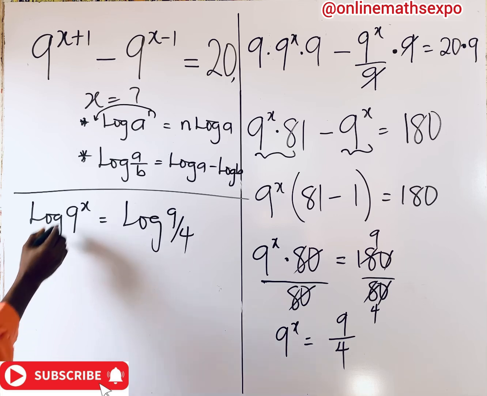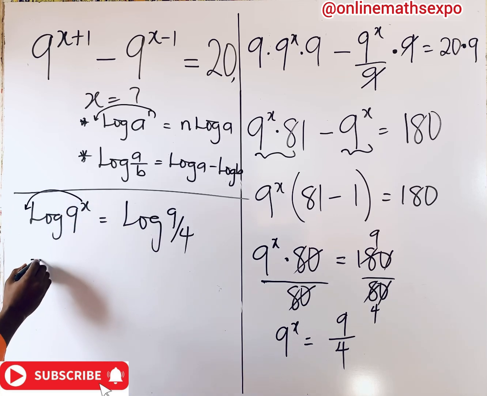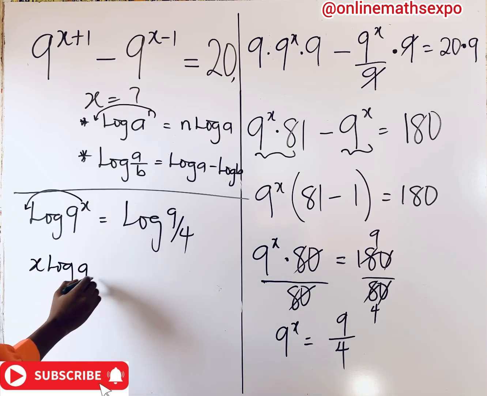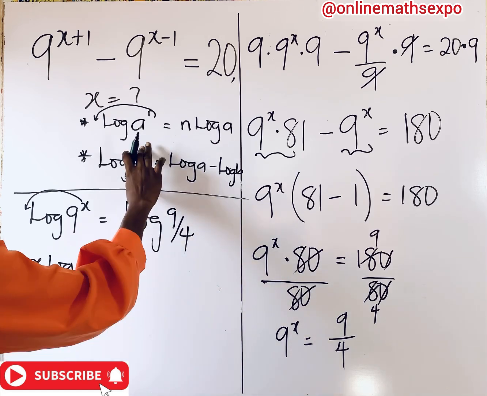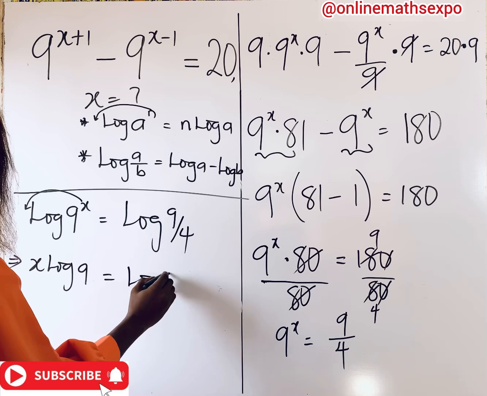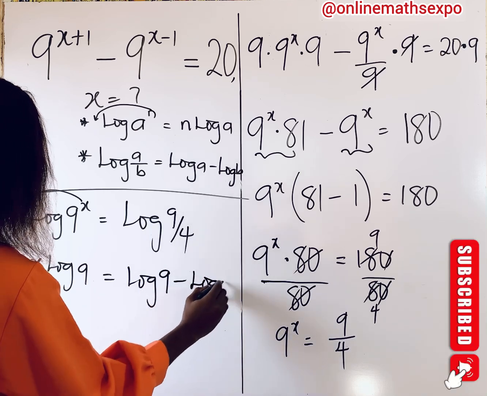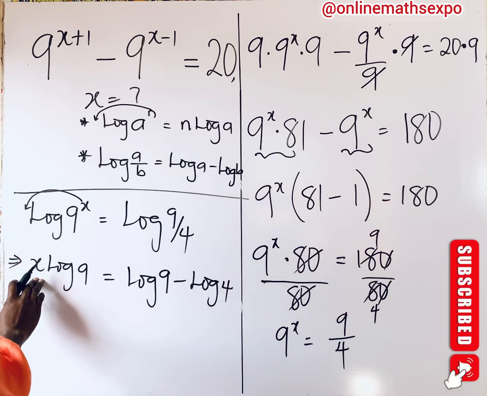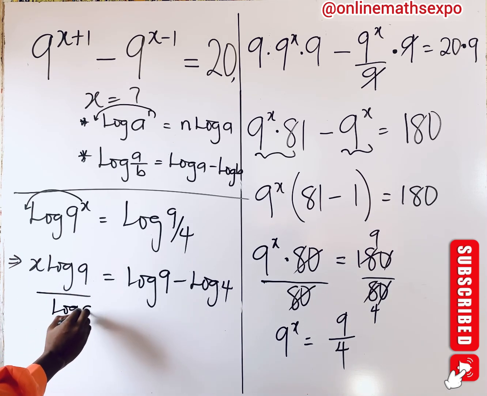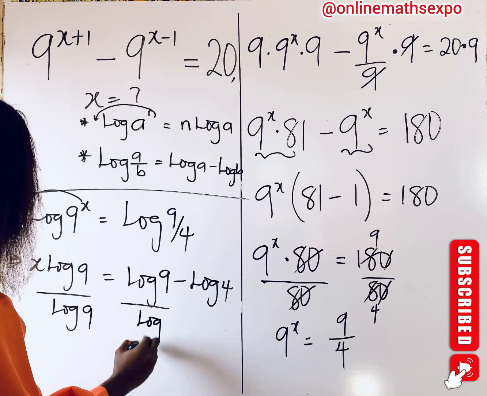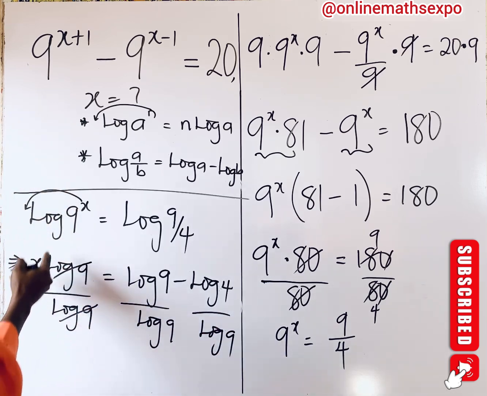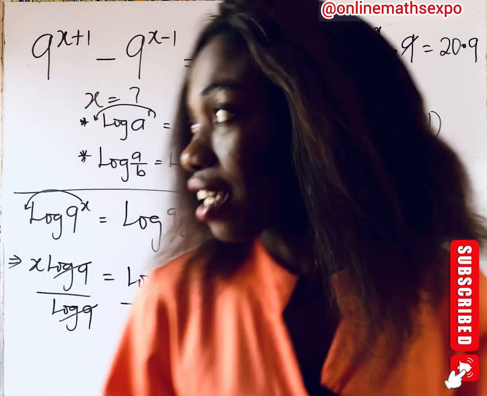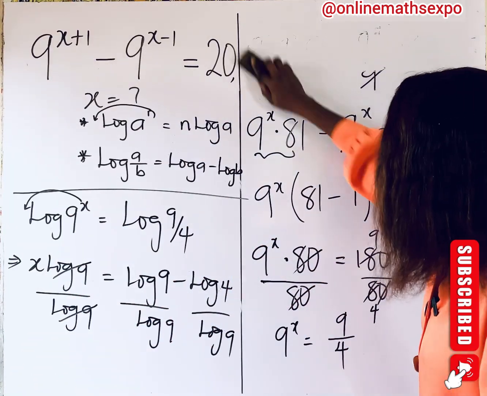So this x we multiply, we have x log 9 is equal to, using this, log of 9 minus log of 4. Since we are getting x, we divide both sides by the log of 9 to remove that. This will cancel.